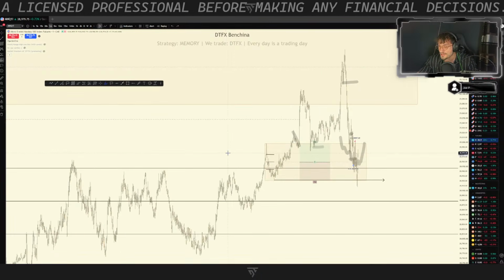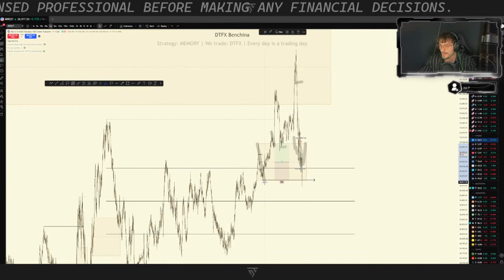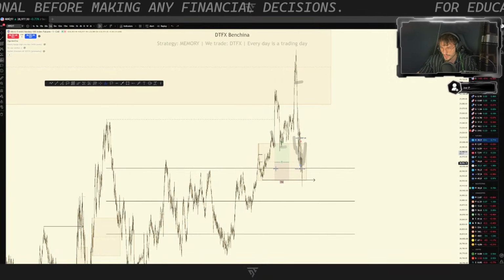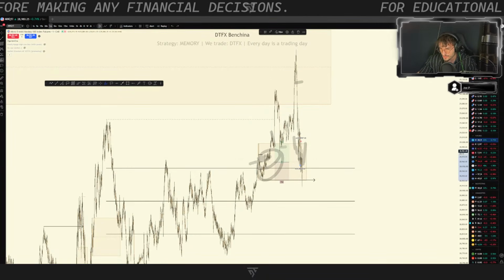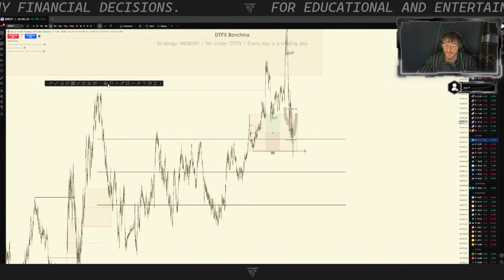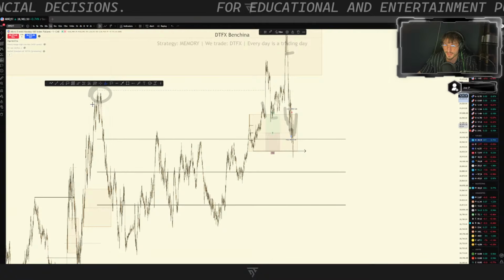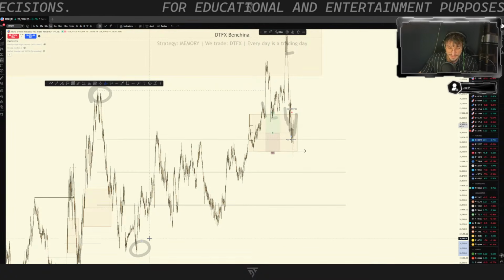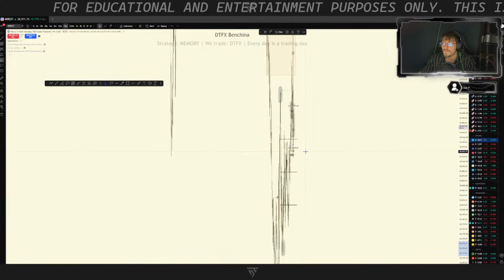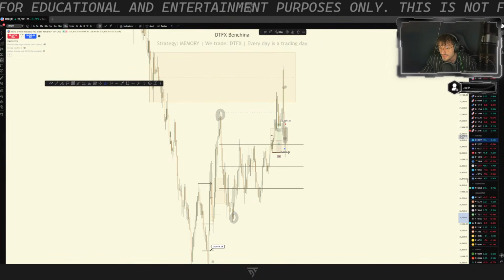So, larger time frame swings are usually bigger and they take longer to form. With this swing in particular, why did I take that SNDR? I took that SNDR because on the 15 minute, that was the previous swing.